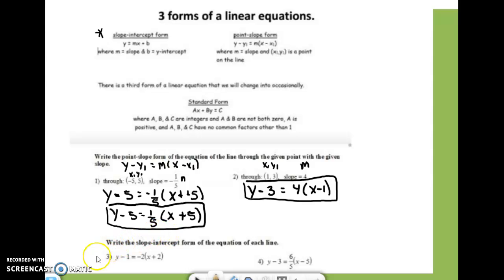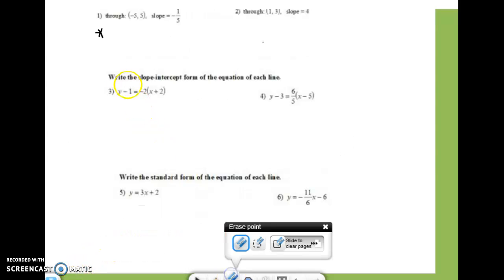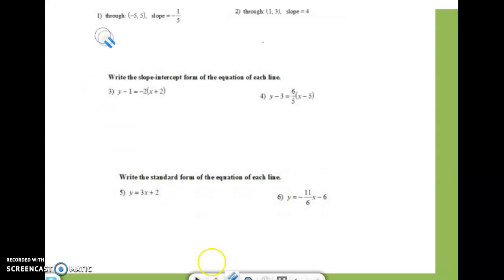So let's take a look at this. Okay, so number 3 wants us to put it into slope-intercept. So your job really is to take the equation and solve for y, or get y by itself.